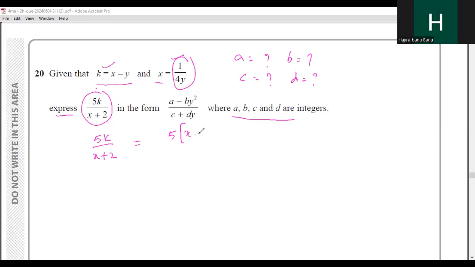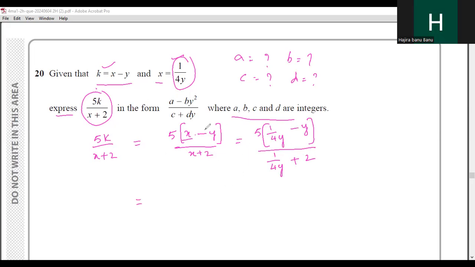So 5 times (x minus y) divided by x plus 2. Now I will substitute the value of x. In place of x, I'm substituting 1 by 4y: 5 times (1 by 4y minus y) divided by (1 by 4y plus 2).